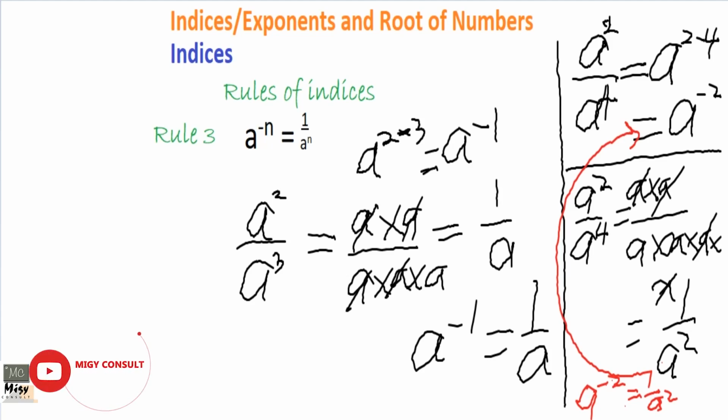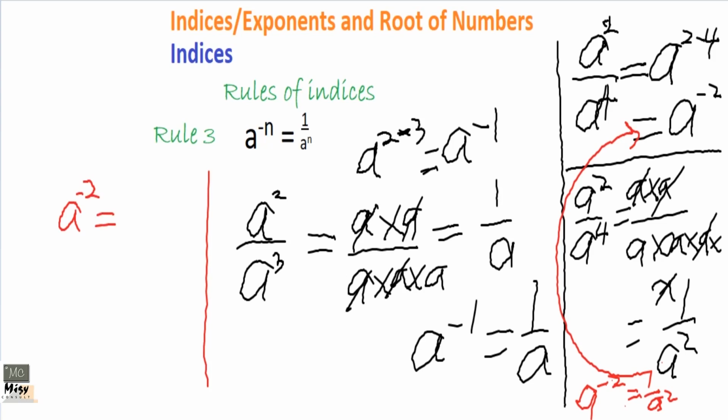So you use a combination of these to explain this to yourself. In short, if you've understood how it was done, you should know that when you have any number raised to the power of a negative number, it means that it is a fraction. So it is rather 1 over A raised to the power 2.